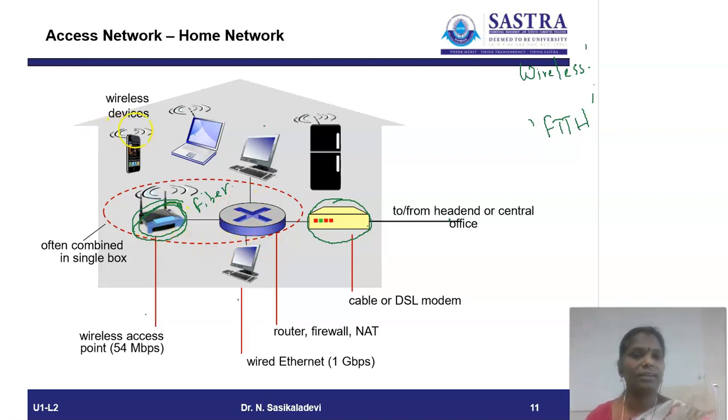This access point connects all the devices in the same coverage area, and the access point is connected by wired fiber cable. This is one of the latest ways of accessing residential internet, so FTTH is widely used.